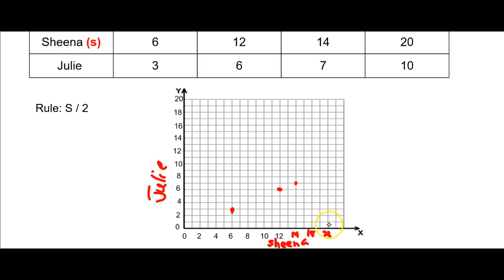And when Sheena had 20, Julie had 10. So it's right there. Oops, sorry, wrong one again. My fault. Let me erase. Okay, we have 18, 20, and 10. So 6, 3, 12, 6, 14, 7, and 20, 10. So we're going to connect that.